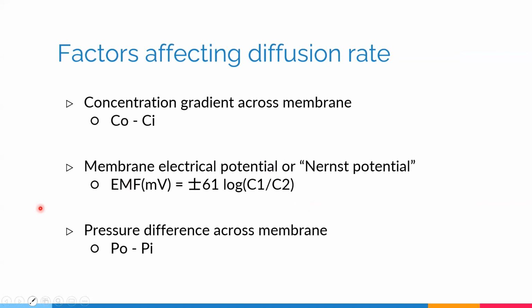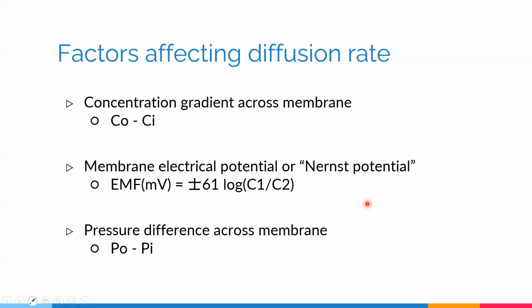Let us start again. So membrane electrical potential or Nernst potential is another factor which affects the diffusion rate across the cell membrane. As we know, the cell membrane itself is inherently charged, and there is charge present in the intracellular environment as well as extracellular environment. The particular molecules that want to diffuse into or out of the cell are also charged.